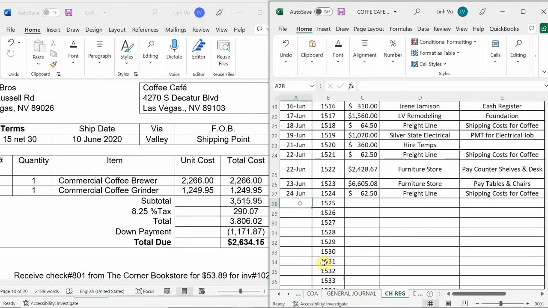Okay, so here I am, check register. It's the 25th, and I'm paying $2,598.99. And who I'm making the payment to? Haley Bros. Okay, for what?